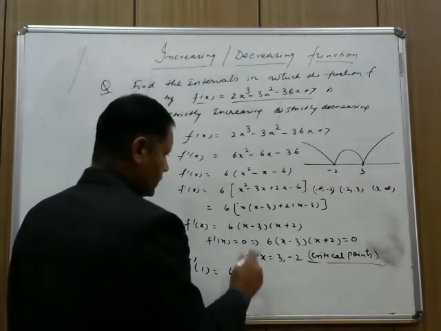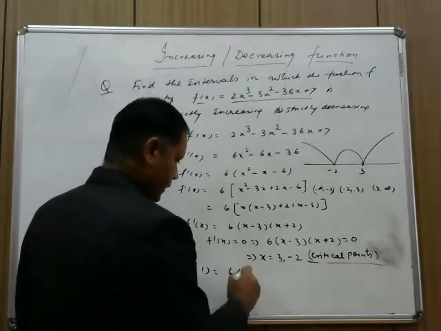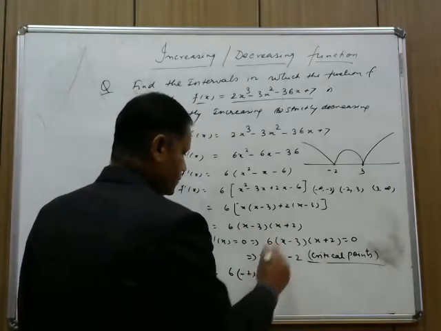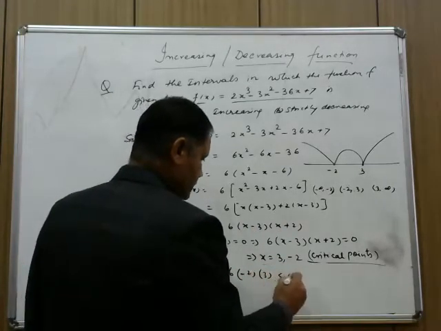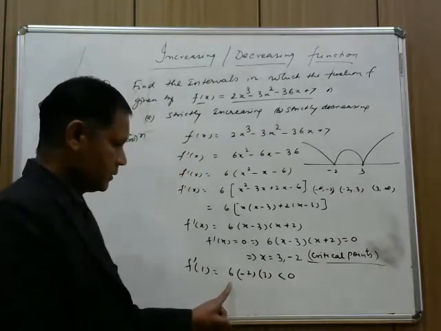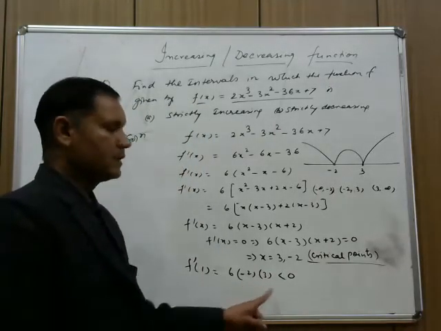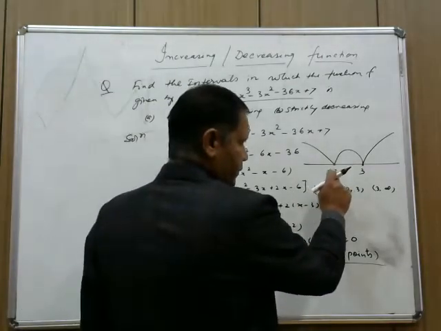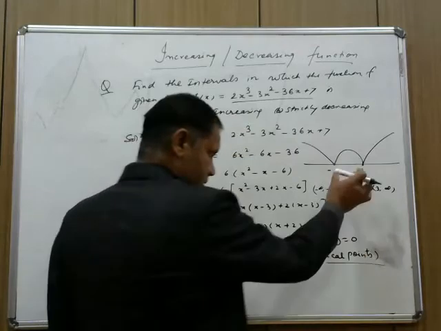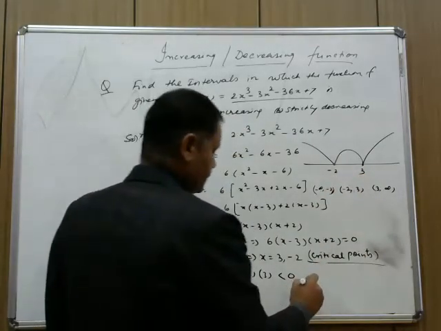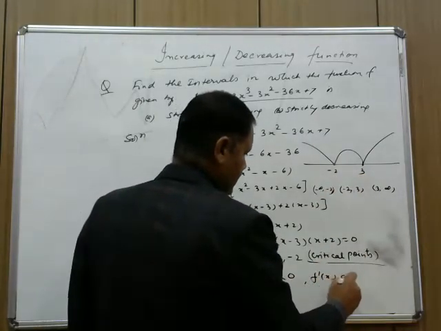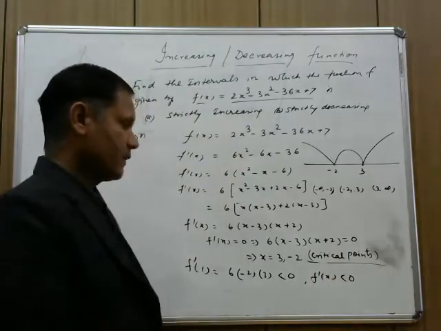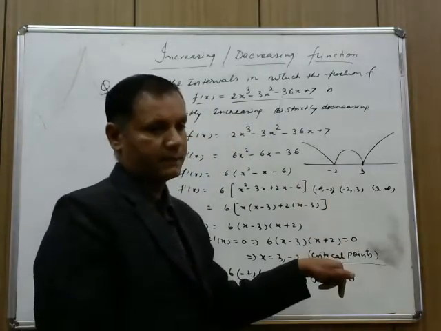Now 6 into 1 minus 3, minus 2, and 1 plus 2, 3. This becomes less than 0, 6 into minus 2 into 3, less than 0. It means if I take the interval between minus 2 and 3, this f dash of x is less than 0. And when f dash of x is less than 0, it means it is decreasing.